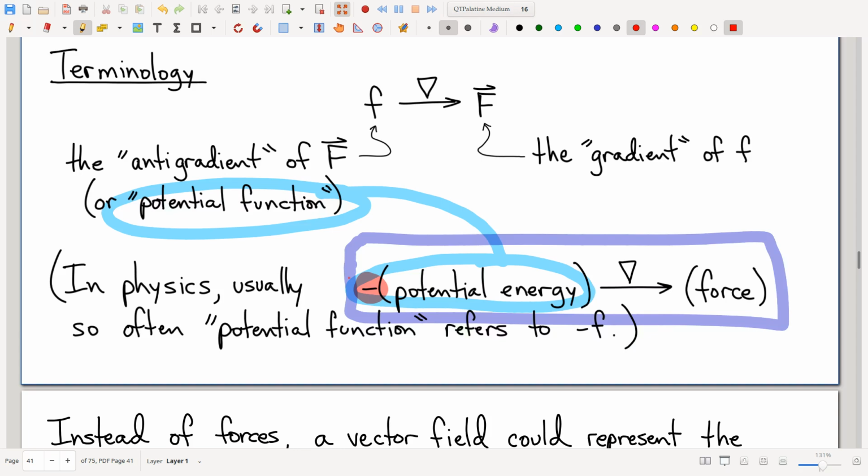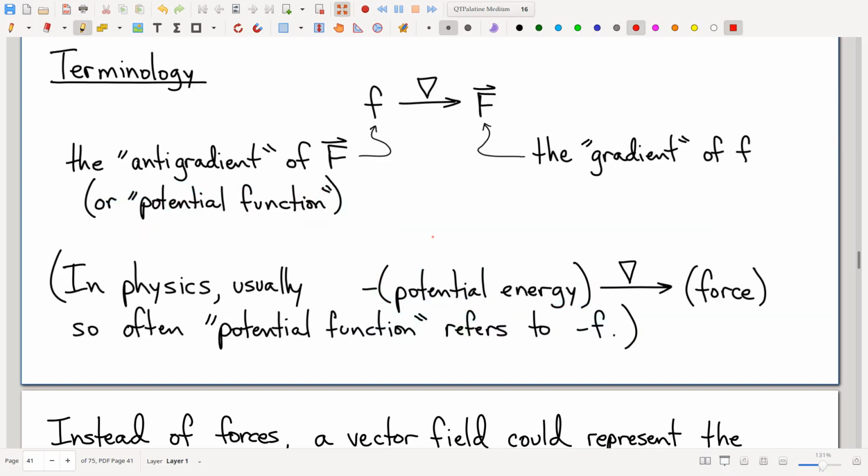Literally, the formula for gravitational potential near the surface of the Earth is that it's a multiple of z. So the gradient is upward. But gravitational force is downward. That's the minus sign. So it's just a little awkward and annoying.